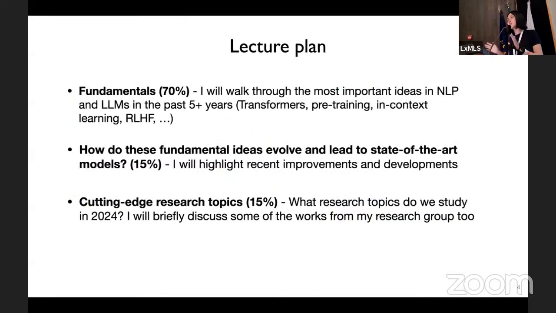Again, since this lecture will be mostly focusing on the fundamentals of these ideas, I'll just give you some expectation. My design is that 70% will be on the fundamentals of these topics. I will really walk through some of probably the most important ideas in NLP and large language models in the past 5 years, including transformers, BERT, T5, GPT models, pre-training, in-context learning, RLHF.